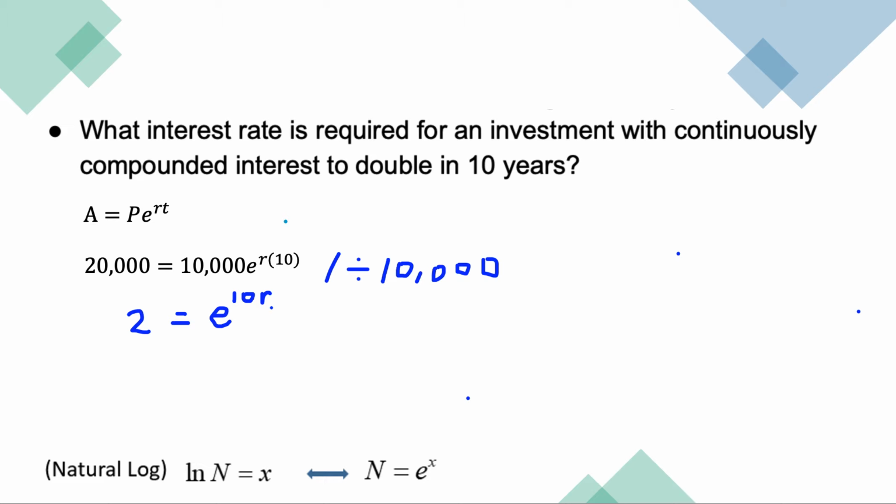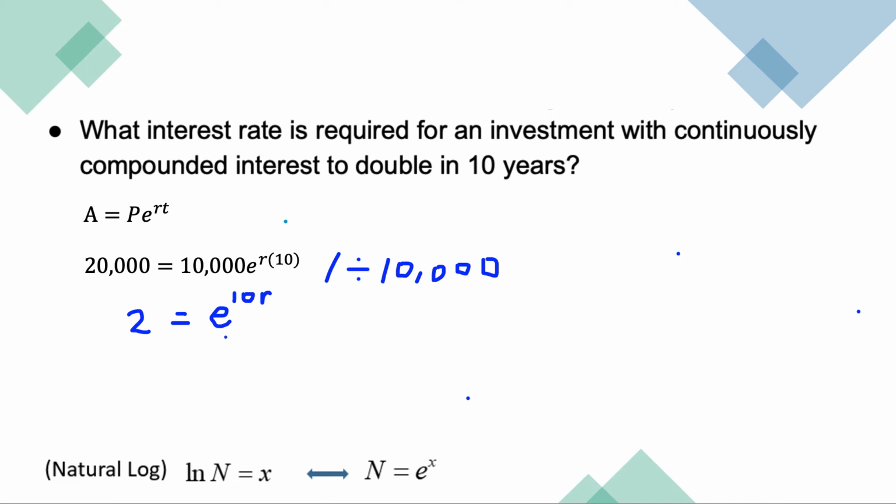We cannot find R. Maybe we can find it in a very complex and difficult way, but I think it's much easier if we use natural logs. Whenever e is involved, we can use the natural logs, and according to the definition, we can convert this exponential form into the natural log.